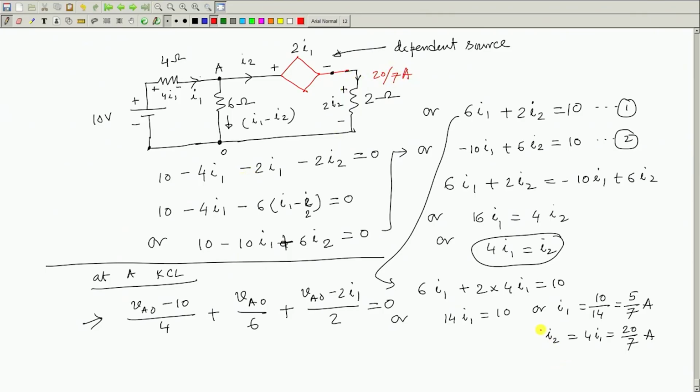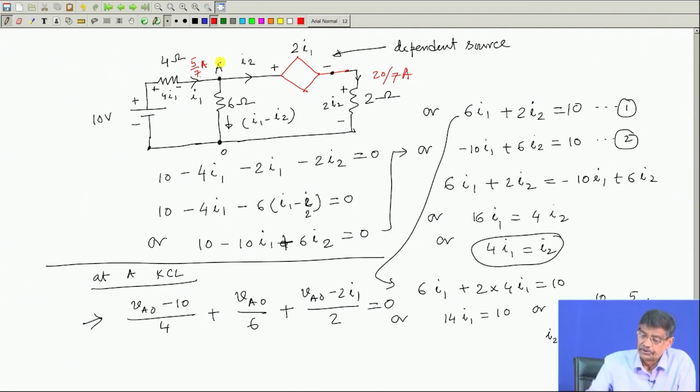Then you have solved for I 1 also, that is 5 by 7 ampere, and then I 1 minus I 2 I can calculate and get this current. Is that clear? 5 by 7 ampere, 20 by 7 ampere is there. So, you can solve this network by any method you like.